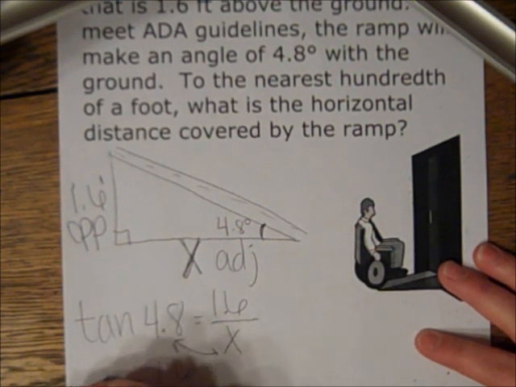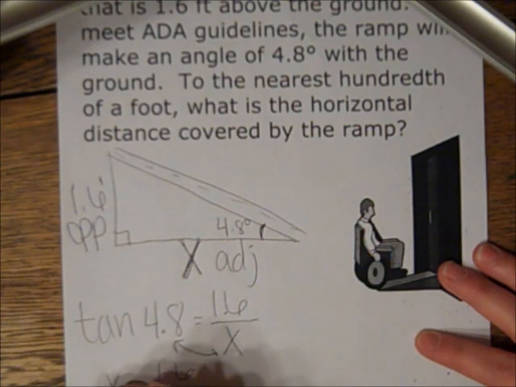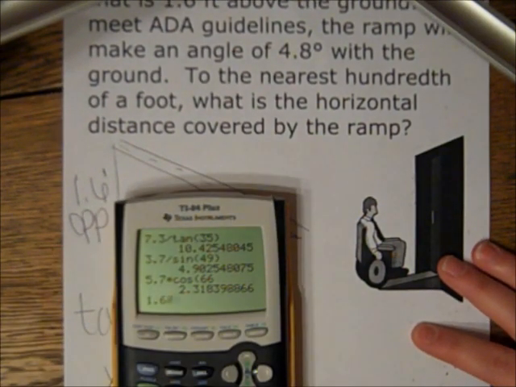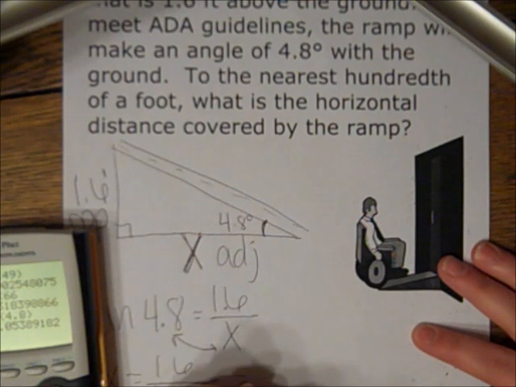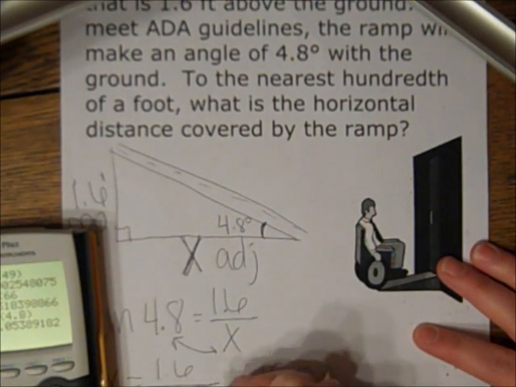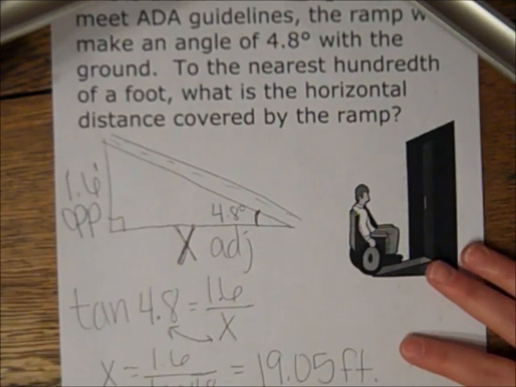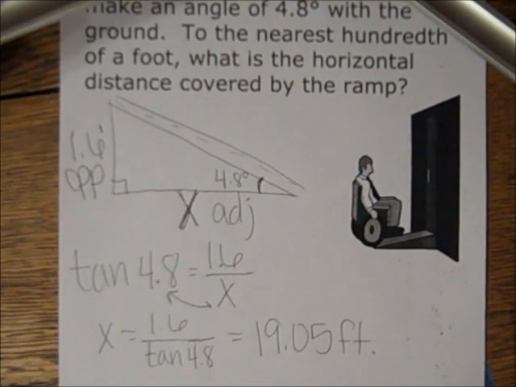X is equal to 1.6 divided by tangent of 4.8. And the ramp is going to cover, to the nearest hundredth, 19.05 feet.